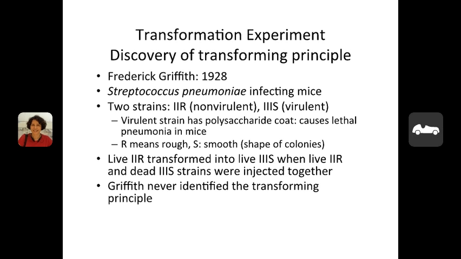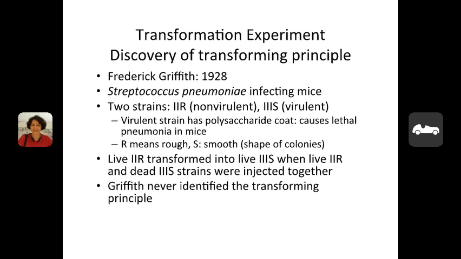He had 2 strains. The 2R strain was a non-virulent strain. In other words, if he infected the mice with 2R, they would not die. But if he used the 3S strain, that was a virulent strain, the mice would die.